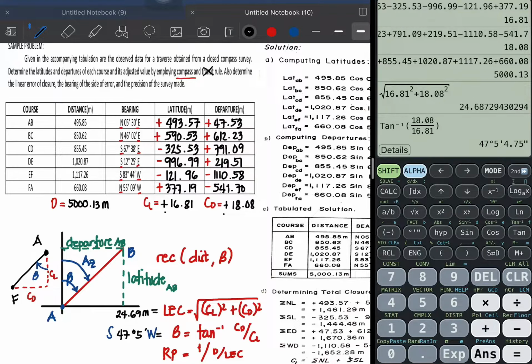And then next you have the relative precision. You have this formula. So 1 over D, that is 5,000.13 divided by 24.69. So just operate the denominator. The numerator is always 1.